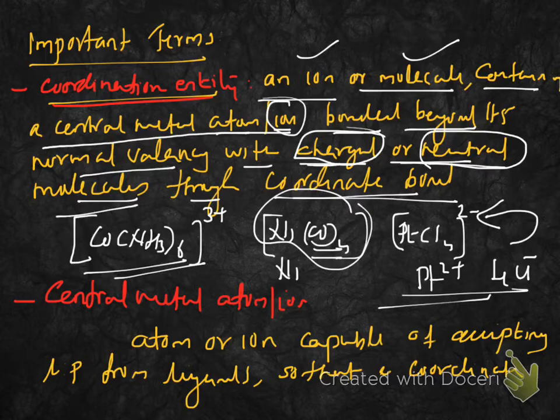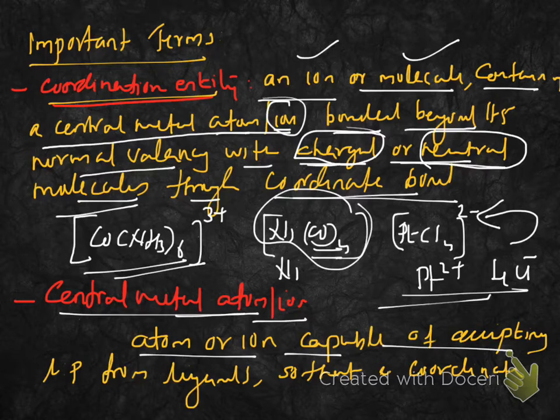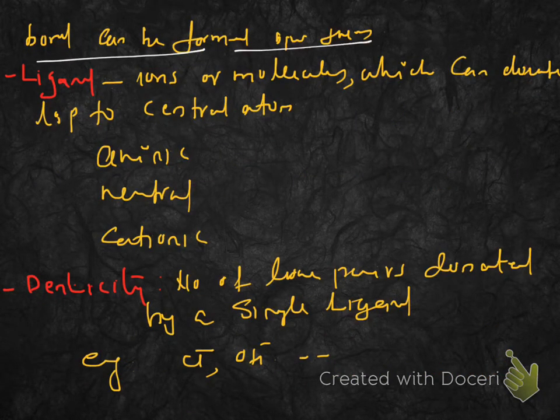Second one is central metal atom or ion. Actually, in a coordination complex, we should have two entities. One is metal and the other is ligand. Those who can accept lone pair from ligands is called central metal atom or ion. An atom or ion capable of accepting lone pairs from ligands so that a coordinate bond can be formed between them.